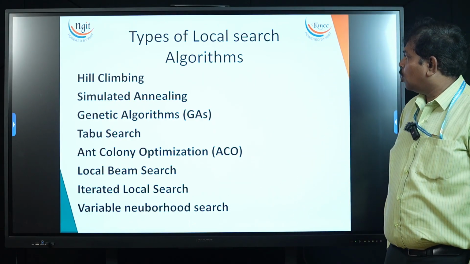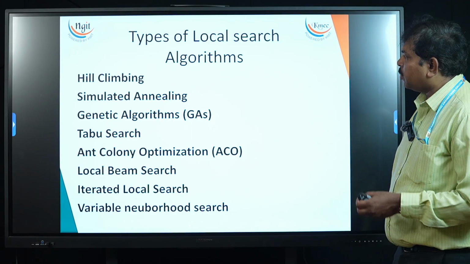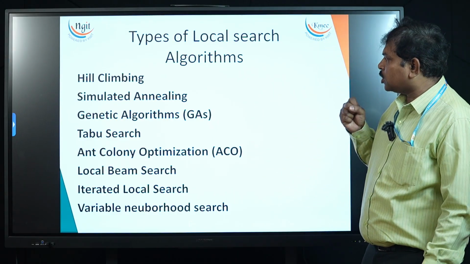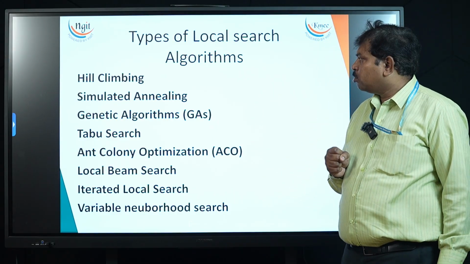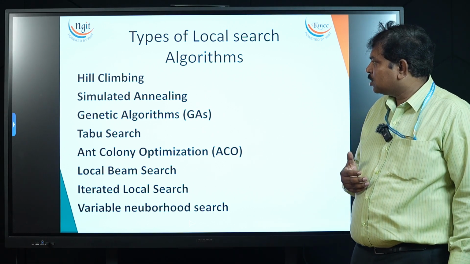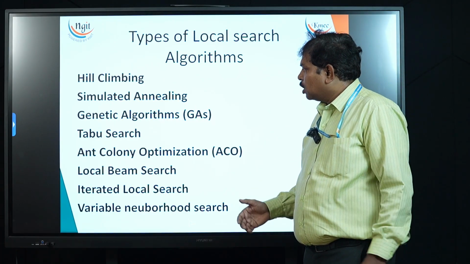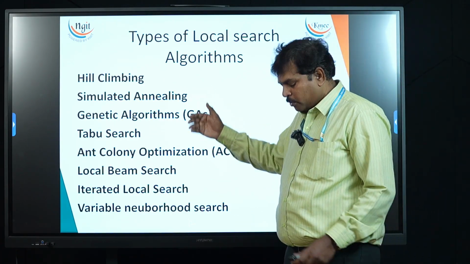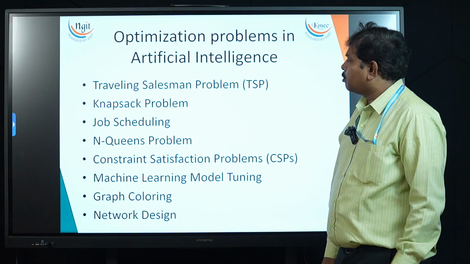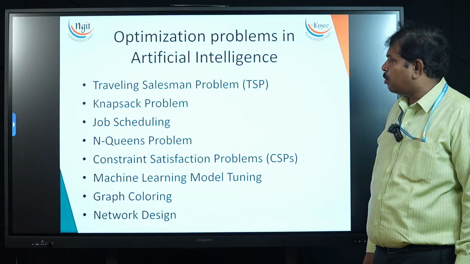Basically every one of these algorithms does only one thing: it randomly chooses one solution and tries to improve it iteratively through different heuristics to find the best solution for our problem.